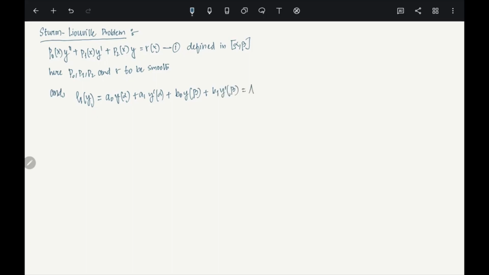Let's call that A. There is another condition L2 of y, a similar condition with C naught and D naught: C naught y at the point alpha plus C1 y prime at the point alpha plus D naught y at the point beta plus D1 y prime at the point beta. This is B. So L1 and L2, these two conditions along with equation 1, where A_i, B_i, C_i, D_i, A and B are constants.